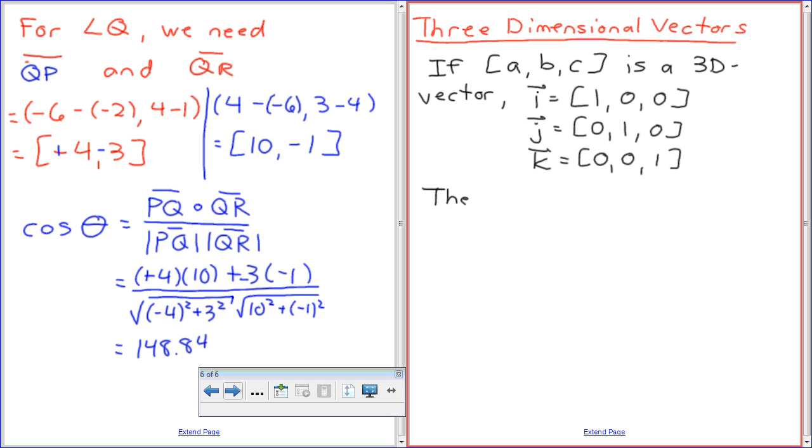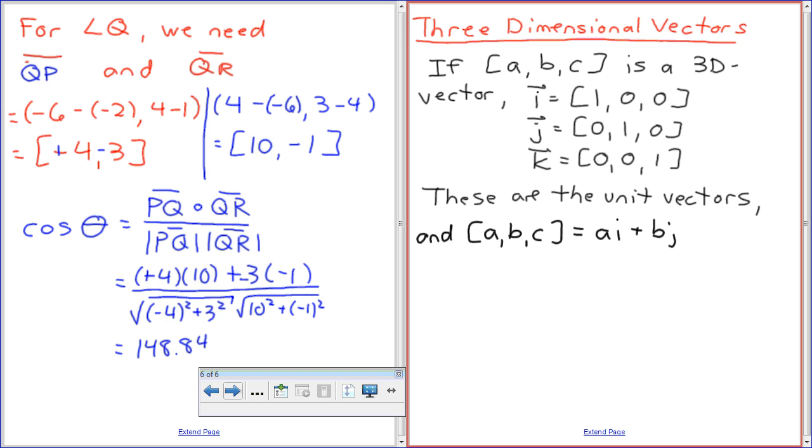These are the unit vectors. So anything you can do with a vector, you can also do with algebra, and that's what we're going to get into.